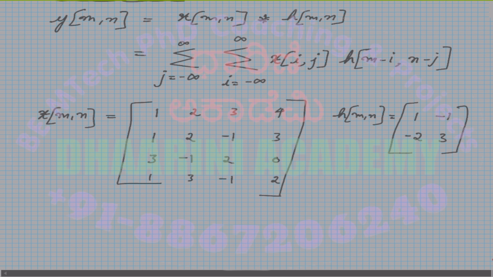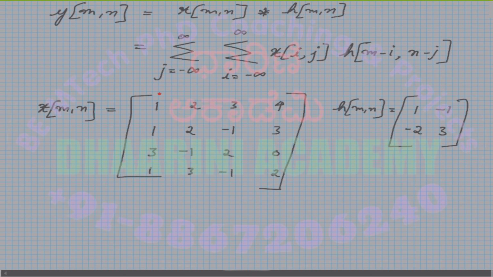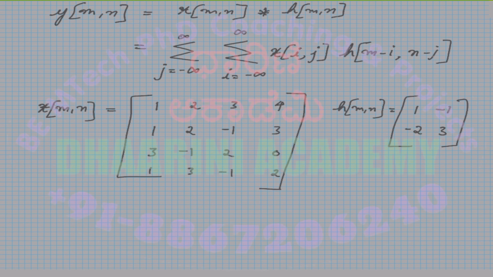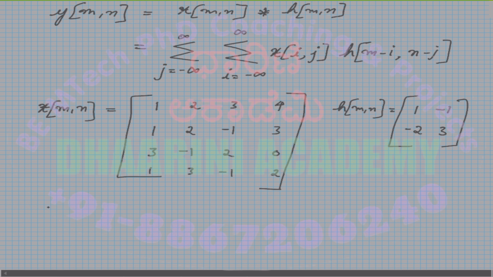Just see here, my first sample, I'm trying to write y of 0 comma 0 possibly. y of m comma n is what I want to calculate.